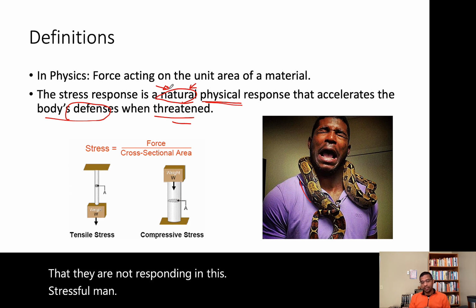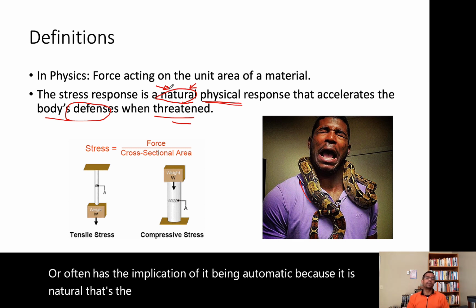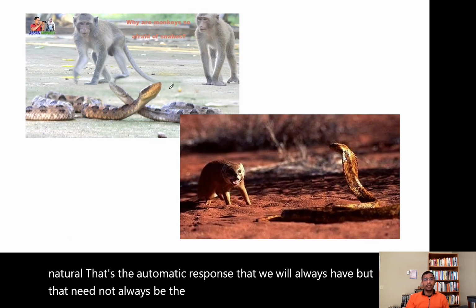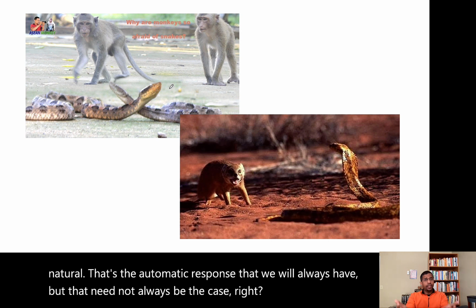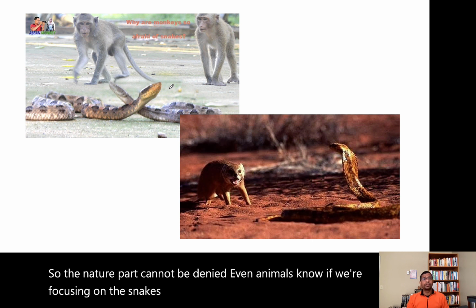So this word natural often has the implication of it being automatic. Because it is natural, that's the automatic response that we will always have. But that need not always be the case, right? And so the natural part cannot be denied. Even animals, if we are focusing on the snakes here, monkeys are extremely scared of snakes.